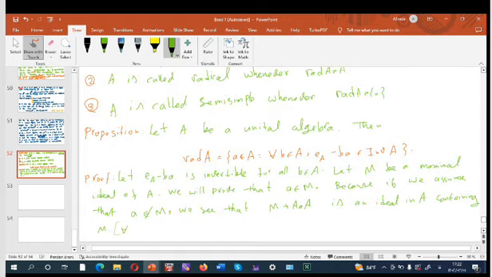For each x in A and for each m in M, a1 and a2 in A, we see that xm plus x a1 a2 is an element of this ideal.